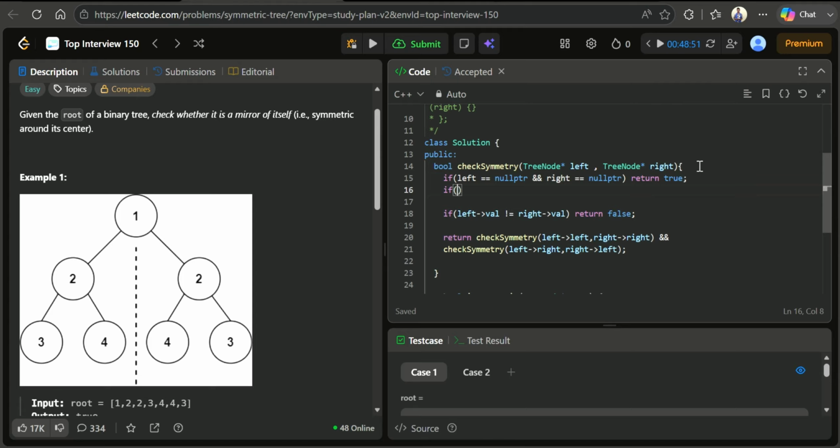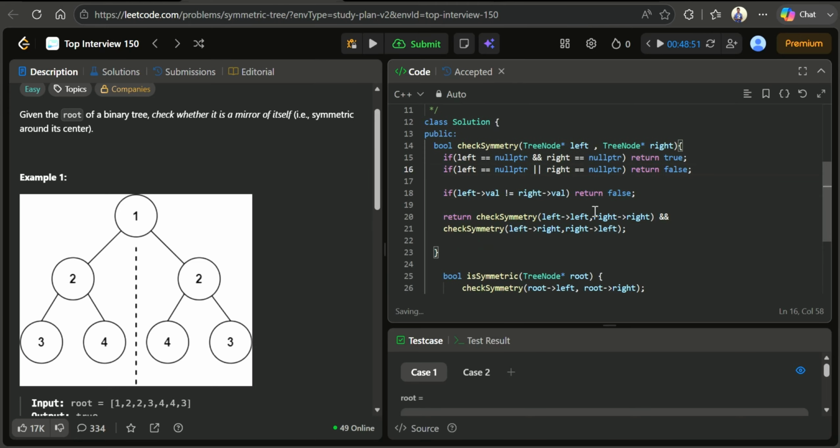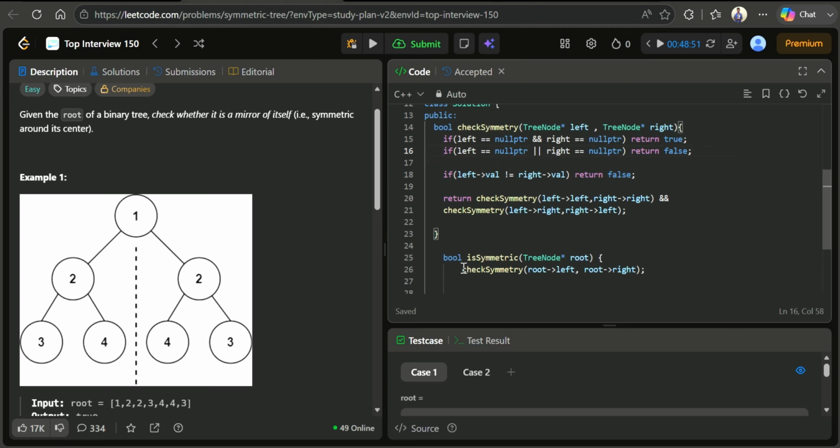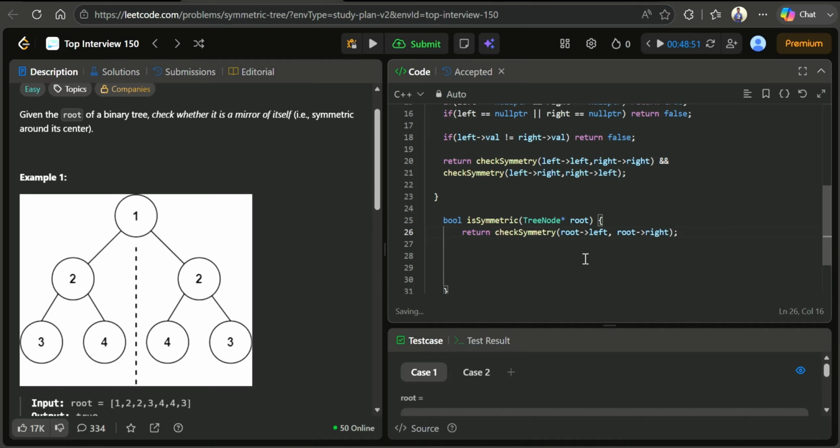But if at any point left value is a null pointer or right value is a null pointer, if either of those conditions is true, then we will return false from there. So that's basically the idea to solve the symmetric problem. And let's also return from here.